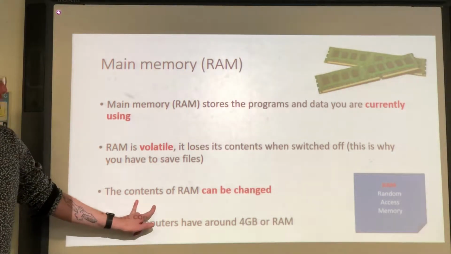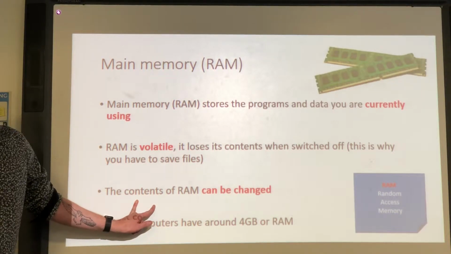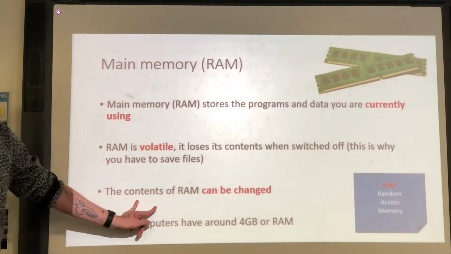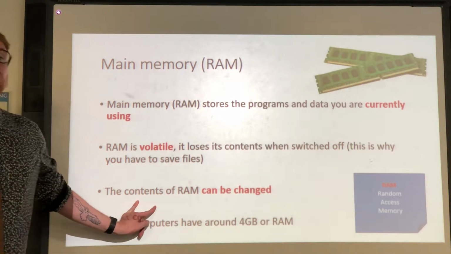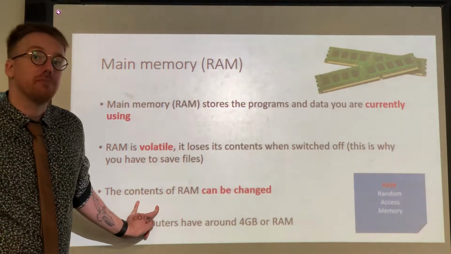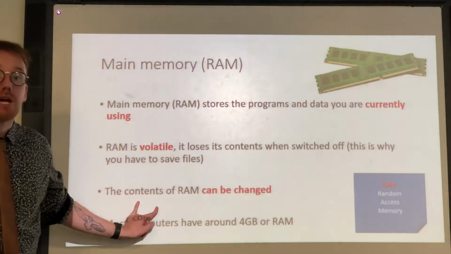Another key characteristic of RAM is this idea that you can change the contents of RAM. So as you're typing text into your Word document, you're adding to the data that's in RAM. You're changing the contents of RAM. When you go down to the Start menu and you load another program, you're changing the contents of RAM.